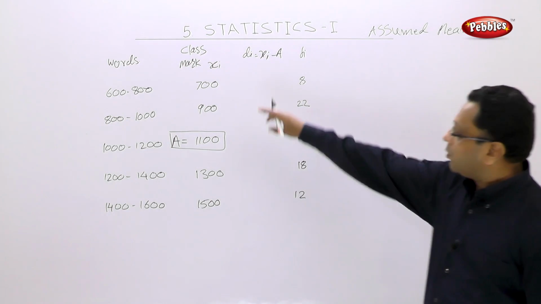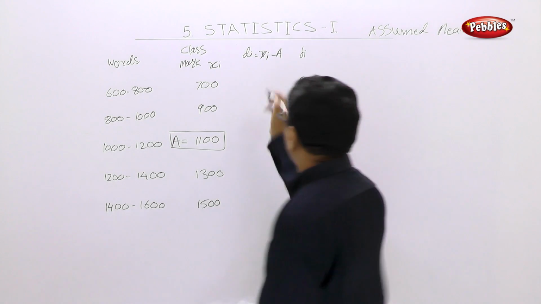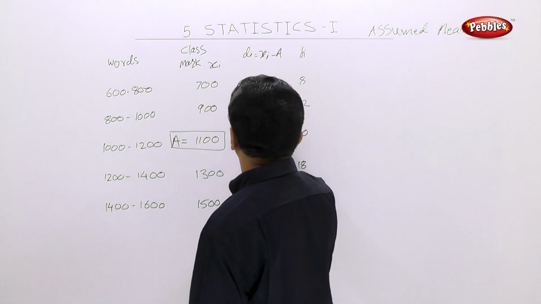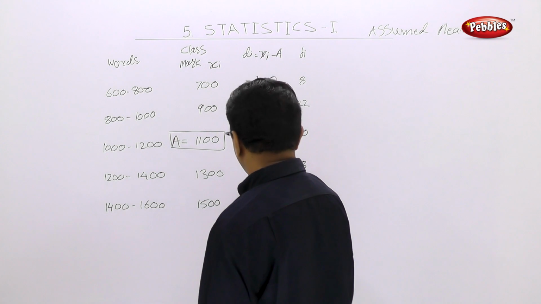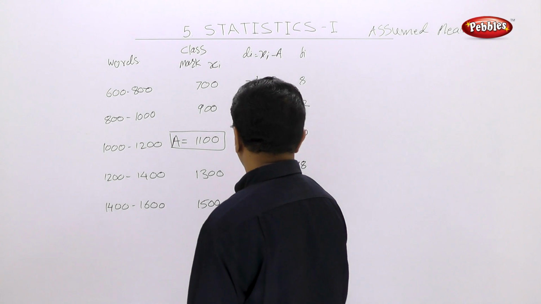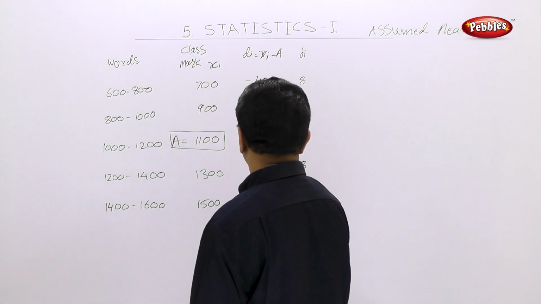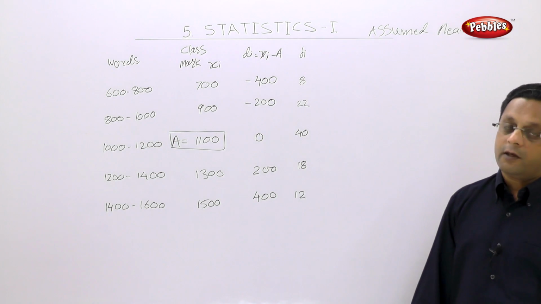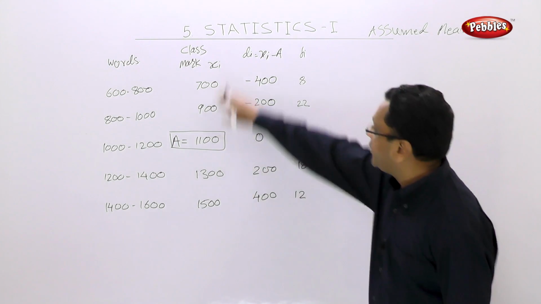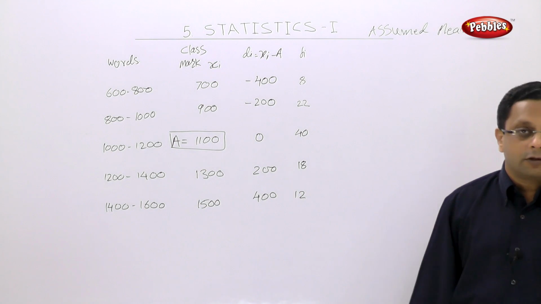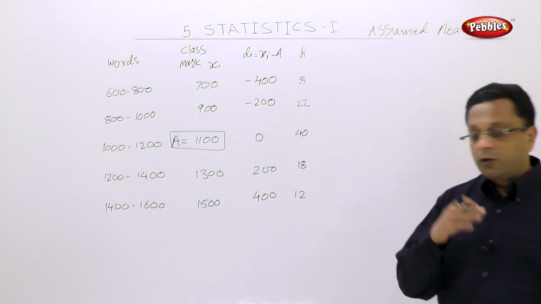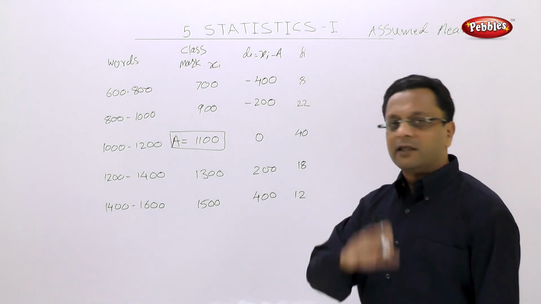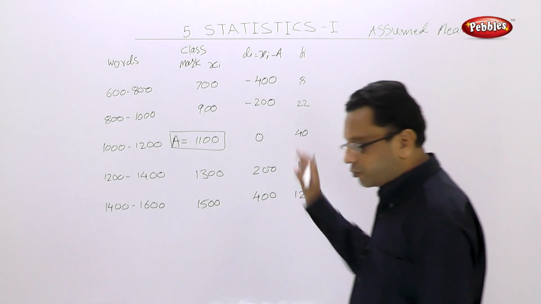Okay, so what will be my first number is minus 400, then it is minus 200, it is 0, it is 200 and this is 400. Okay, so these figures are reduced, but you can see that still these figures are bigger. But let us consider, for this example, we'll proceed with this.